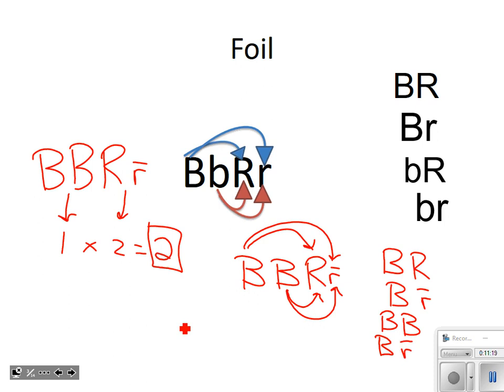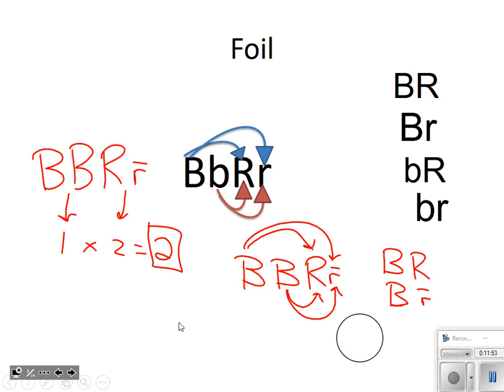Can you see how, I got an error here. Capital B, capital R. Capital B, lowercase r. There's my errors going. Can you see that these 2 have repeated the first 2? Do we need to do it twice? We don't need to do it twice.